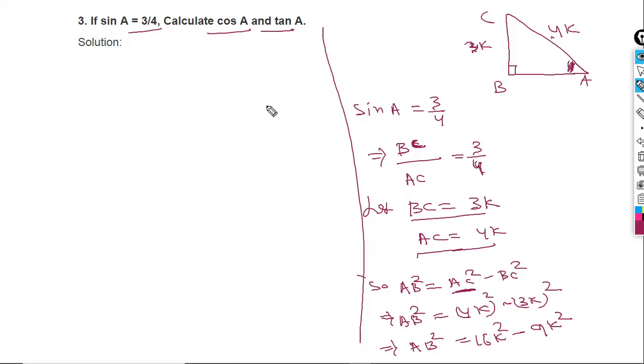Okay, now we'll write it here. Implies, now AB square equal to this, we'll find AB.